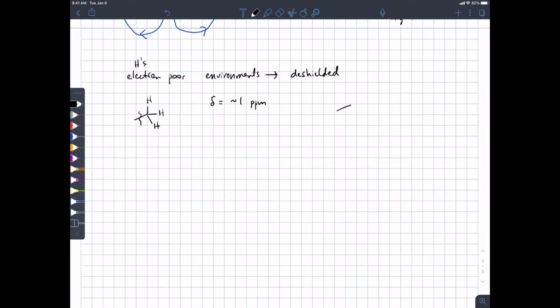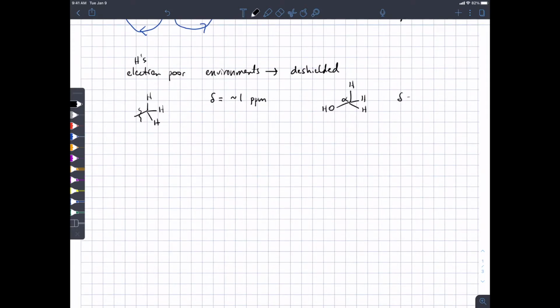But if you put that hydrogen alpha to an electronegative atom, suppose like an alcohol, the chemical shift you will observe will be in the 3 to 4 ppm region. So yes, proximity to electronegative elements can cause de-shielding. And you would say that these methyl protons adjacent to the OH group are de-shielded relative to the ones that are just on a hydrocarbon chain.